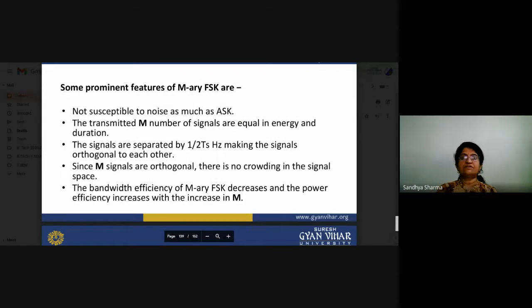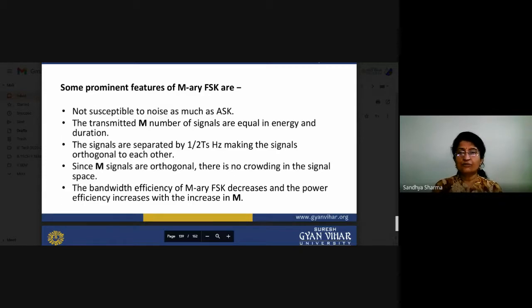These are also the salient features of M-array FSK: not susceptible to noise. This is a very good feature of our FSK. The M transmitted symbols are equal in energy and duration, so that is an equal distribution. These signals are separated by 1 by 2T hertz, making the signals orthogonal to each other.